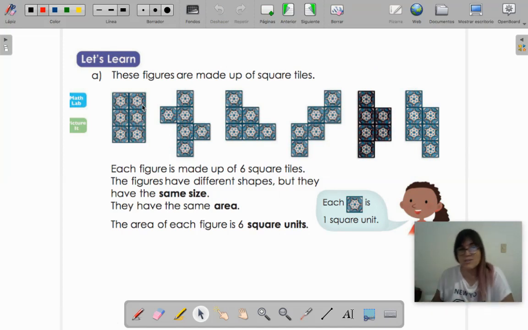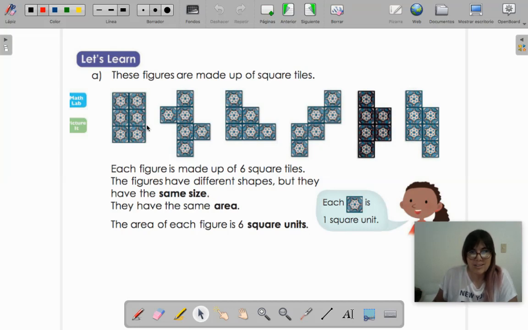So it says, these figures are made up of square tiles. Each figure is made up of 6 square tiles. The figures have different shapes, but they have the same size.